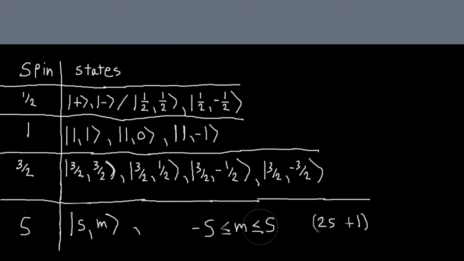And the z component of the angular momentum will range from minus s to s, so minus 1 to 1 for the spin 1 states, or minus 3/2 to 3/2 in this state, in steps of 1. So we have minus 3/2, plus 1 gives minus 1/2, plus 1 gives 1/2, plus 1 gives 3/2. And so this is how we would describe our higher spin systems.